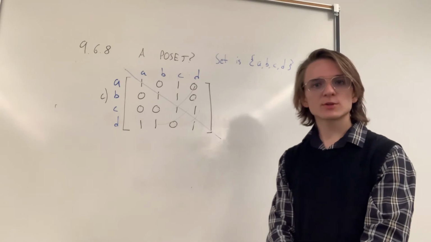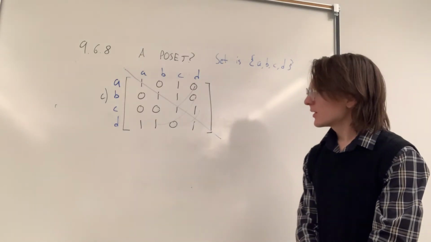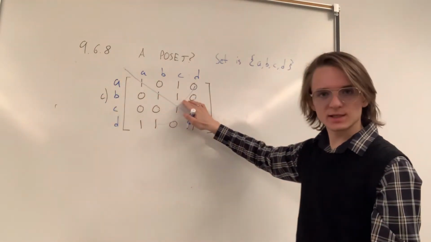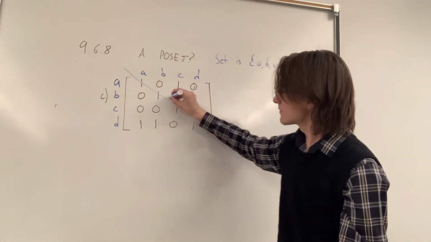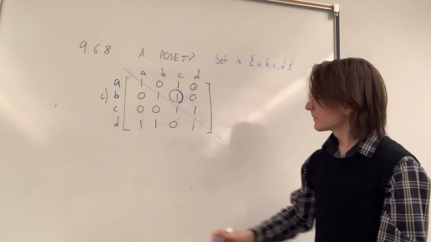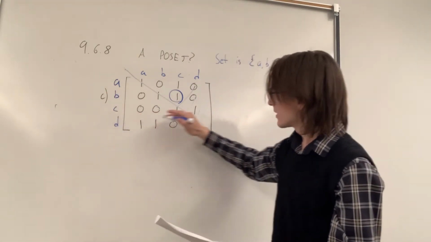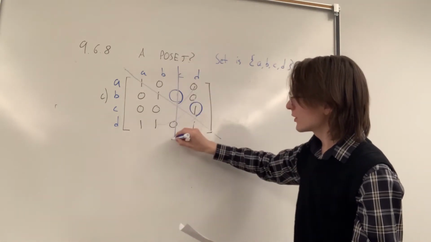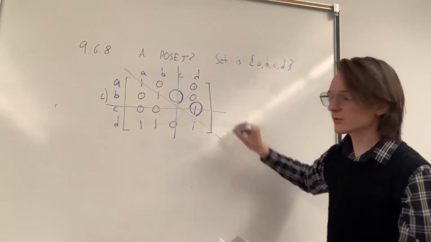Now let's determine whether it's transitive. Okay, well, we have, for example, B comma C. We also have C comma D. So we're looking at the third column and the third row.